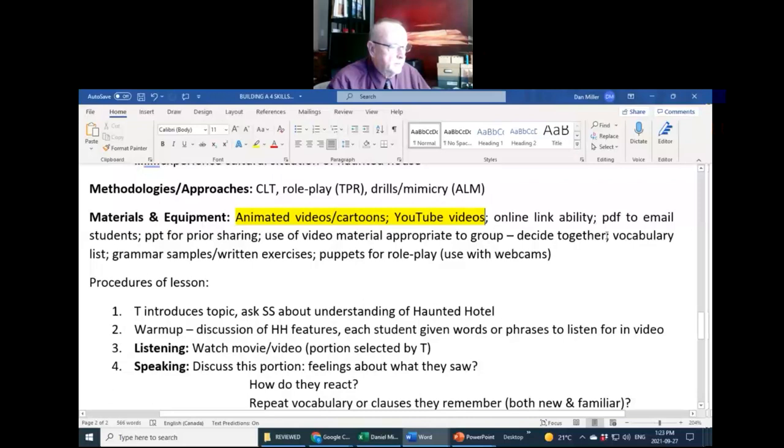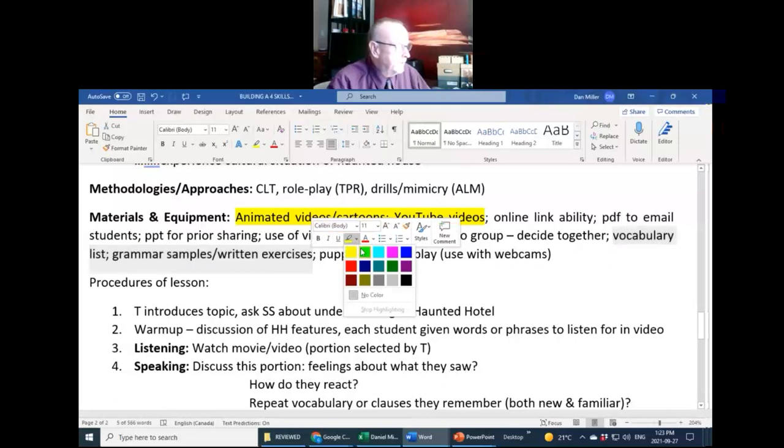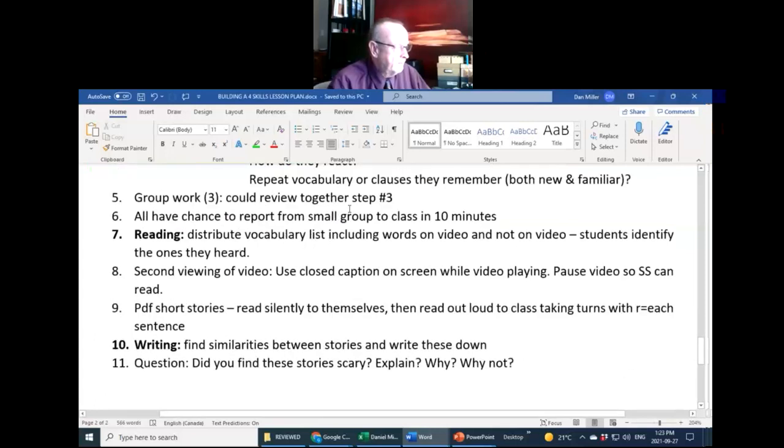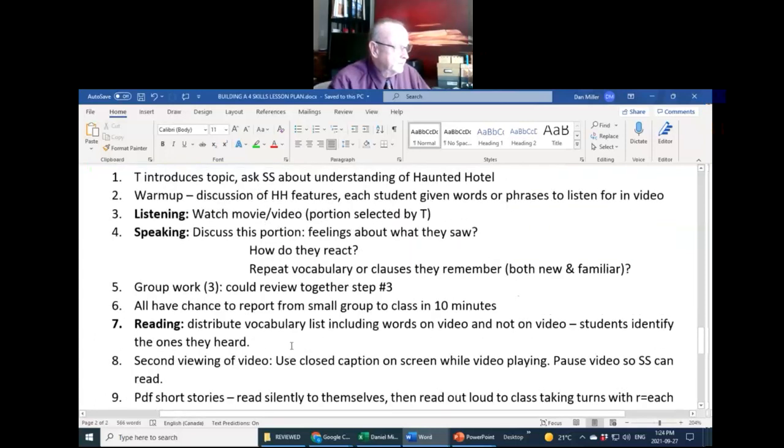Now, another item, or a couple of other items that are very important, are vocabulary lists, grammar samples, and written exercises. So when you're preparing this lesson plan, you should have a vocabulary list of the words that are appropriate, and especially new words that you think the students might not know about yet.